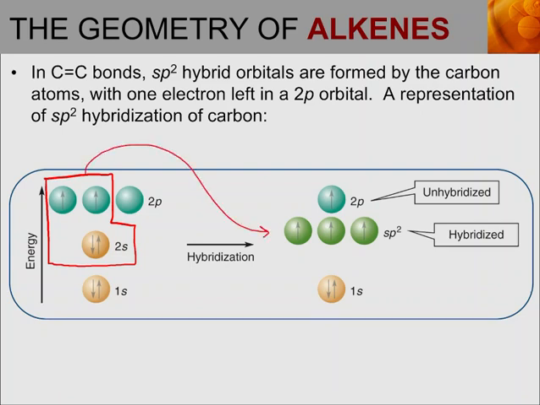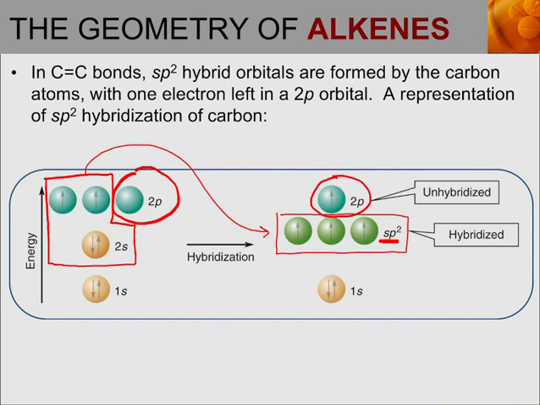And that's going to create 3 hybrid orbitals called sp2 orbitals. So we're combining 1 s and 2 p orbitals, so sp2. Now that's going to leave one of our 2p orbitals unhybridized. So it's still just hanging out, doing its own thing.